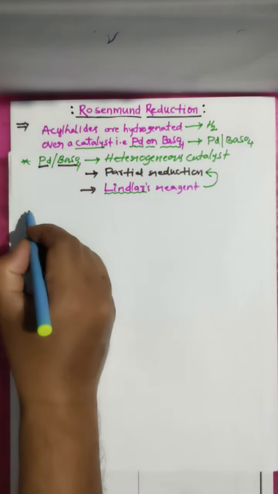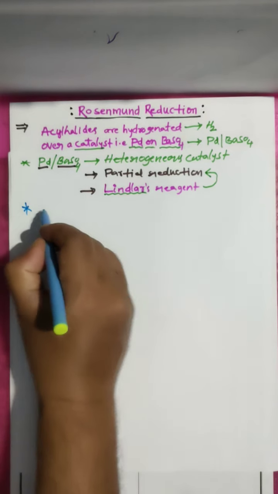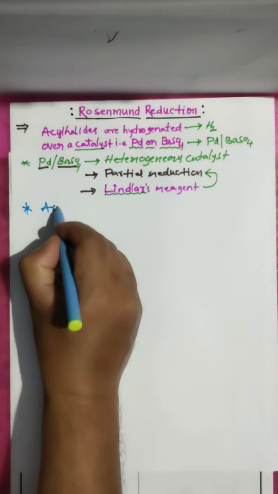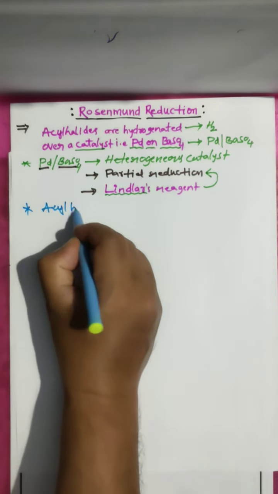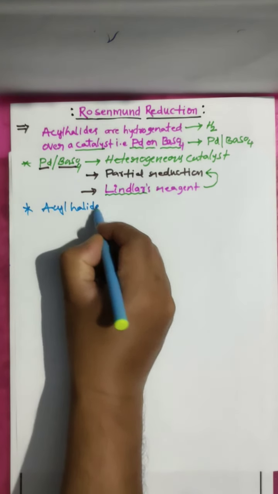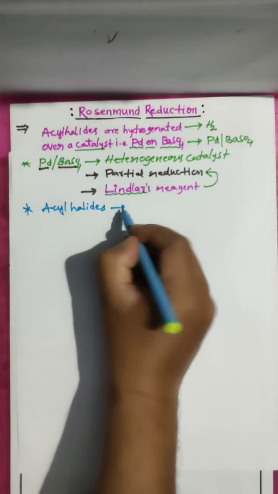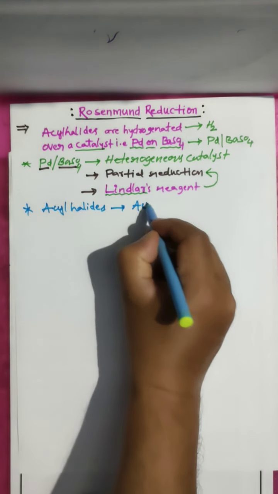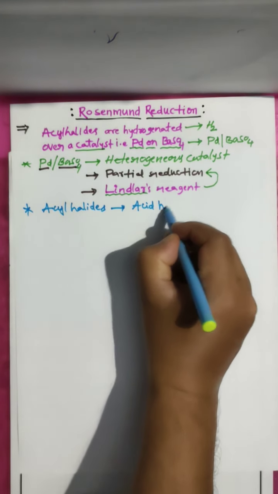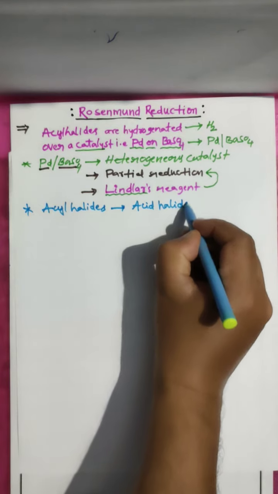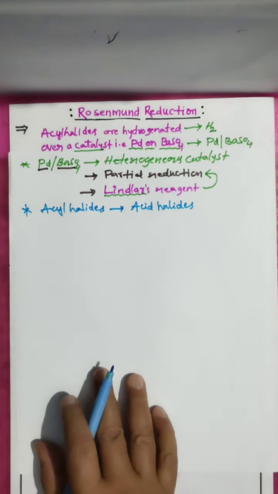Next. Here I used one word, acyl halides, especially chlorides. What is meant by acyl halides? Another name, acid halides. Acyl halides, nothing but acid halides.